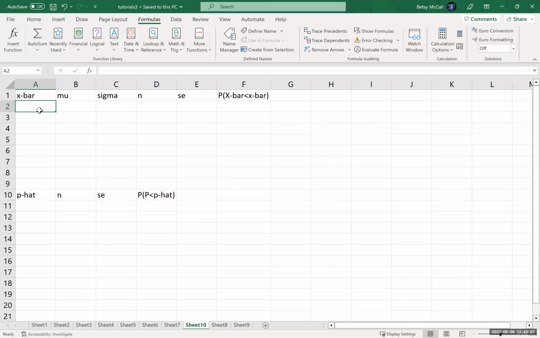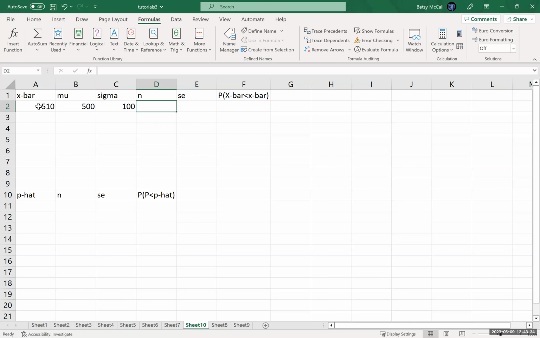For our comparison point, the observation, we have the mean of our sample, which we said was 510. The mean of the population is 500. Sigma, the population standard deviation, is 100, or if we had a sample that we calculated this from, we would put s here.